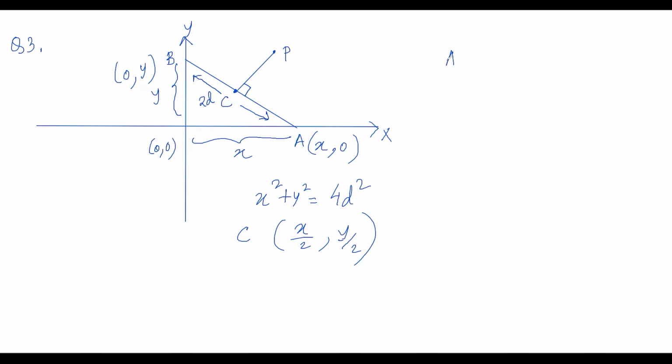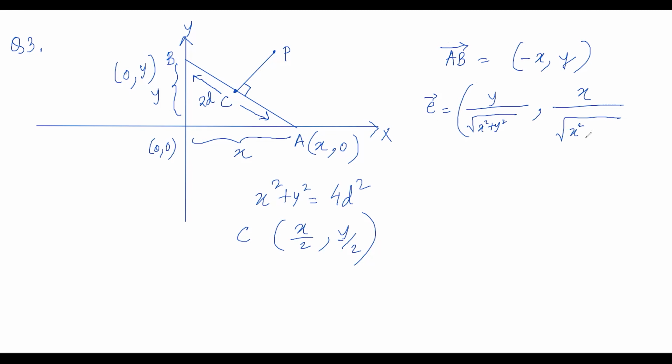And now if you find the vector AB, it's minus x comma y, and since PC is perpendicular to AB, we have the orthogonal vector to be y over root of x squared plus y squared and x over root of x squared plus y squared.